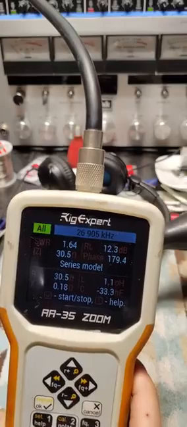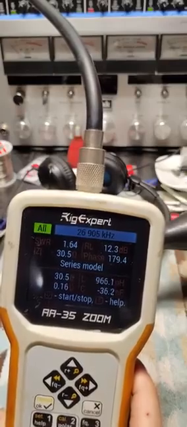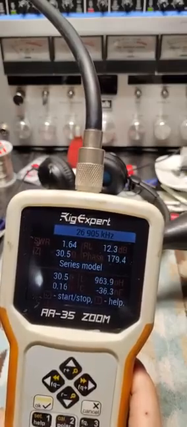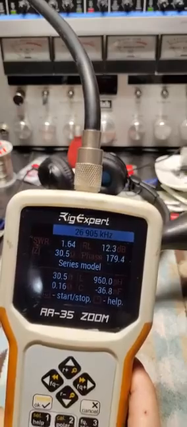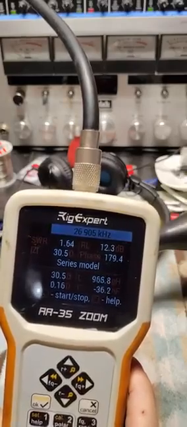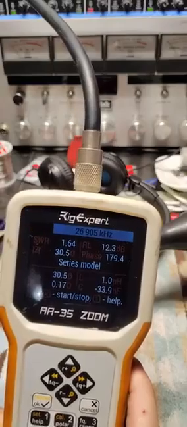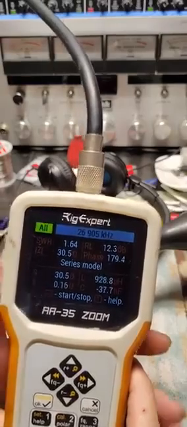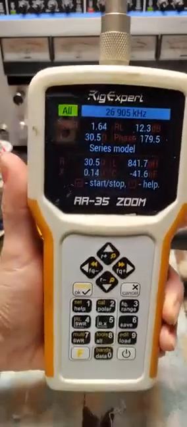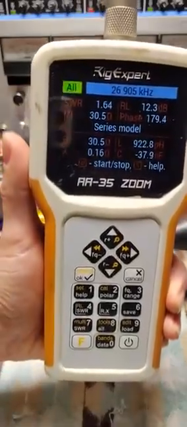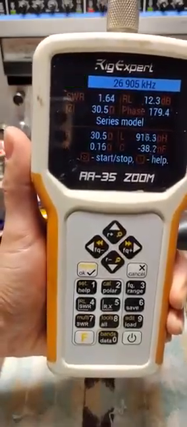Nope. SWR is going to be through the roof if you hook a resonant end-fed antenna straight to a piece of coax. But the moral of the story is resonance has nothing to do with SWR. You can clearly see right here where my antenna is resonant, my SWR is worse.